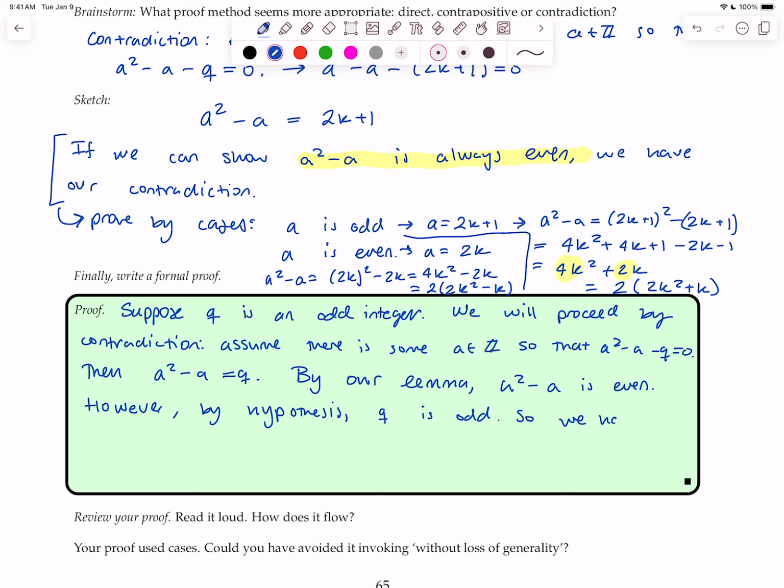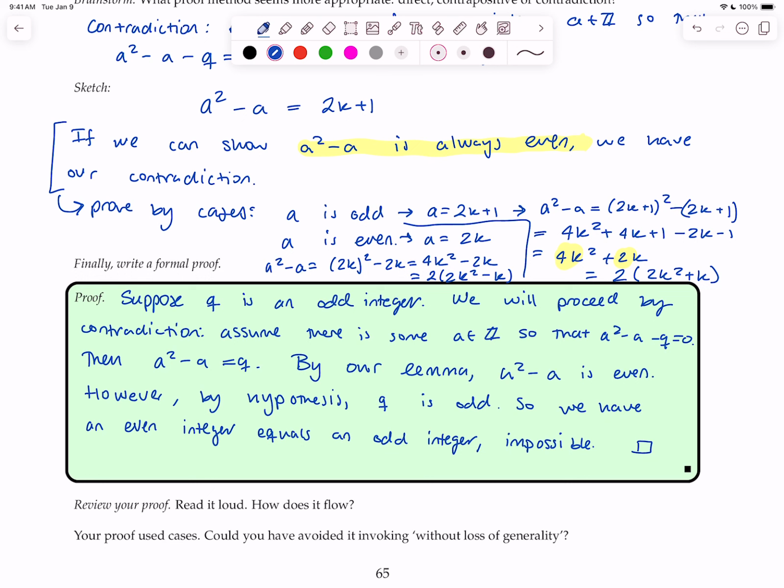So we have an even integer equals an odd integer, which is impossible. And I think that concludes our proof. We found something that's impossible. That's a proof by contradiction. Very nice. Excellent.